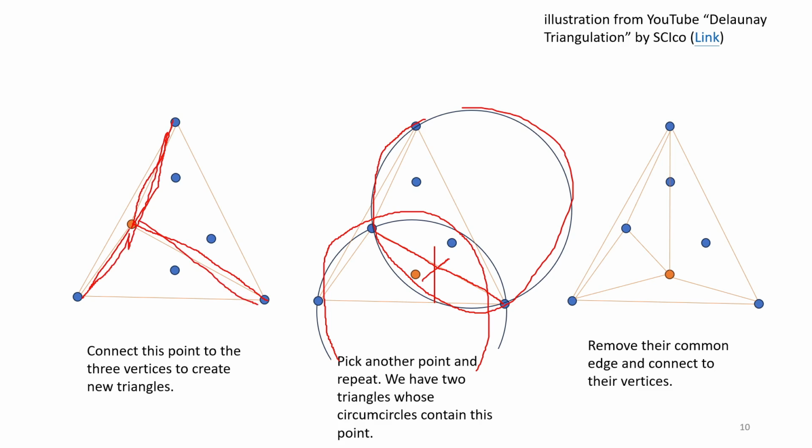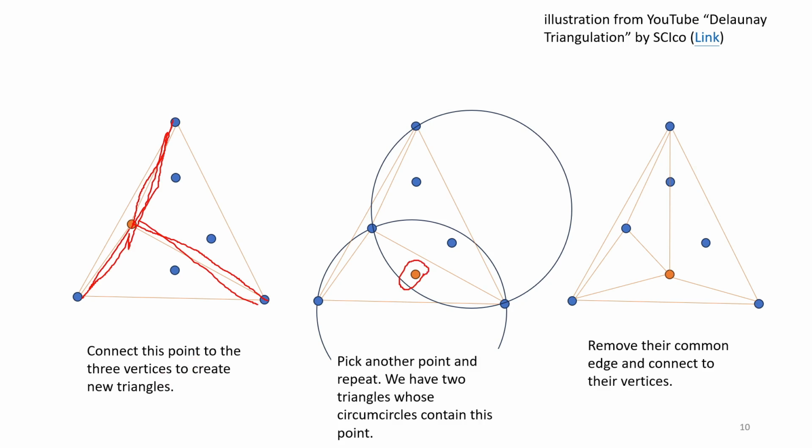And then here we check another. We pick another point to check. This time we pick this point, and then we check which triangle. See, now we have 3 triangles, and we check which triangle's second circle will cover this point. And we found the 2 second circles, this one and this one, cover this point.